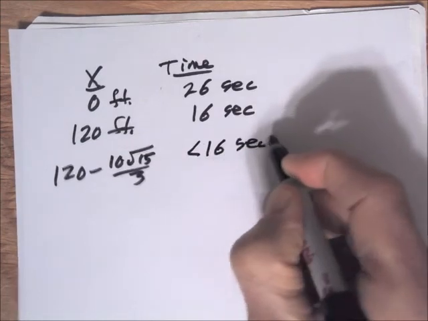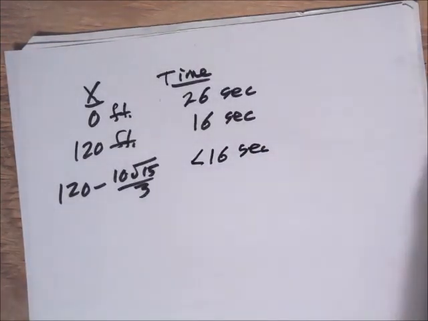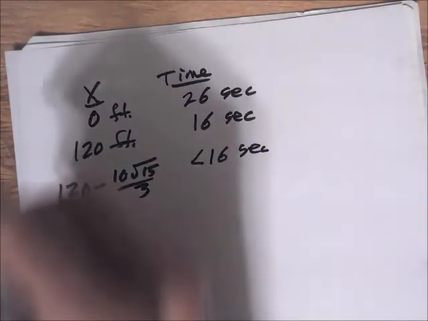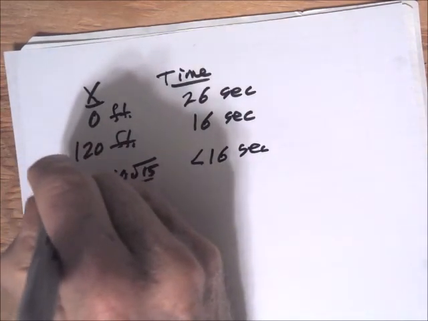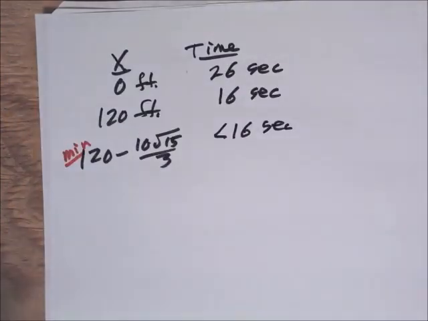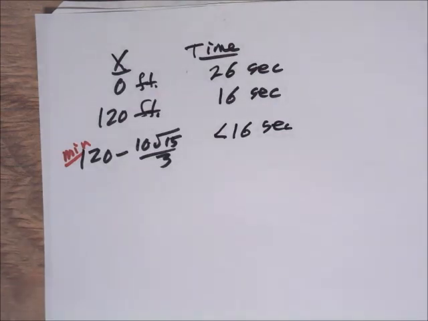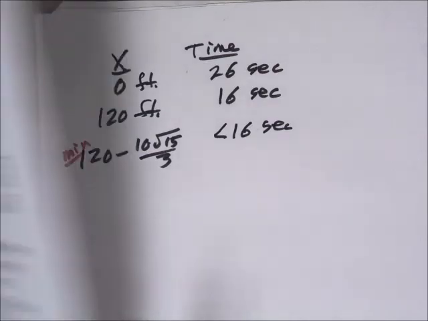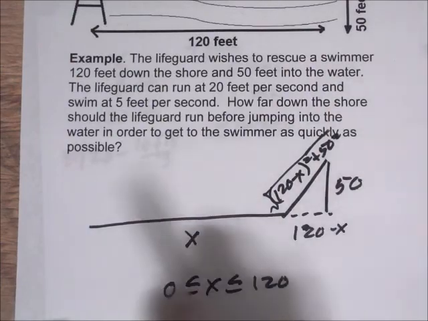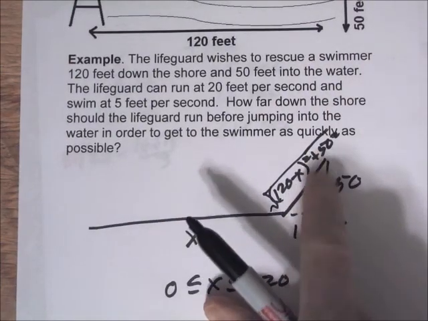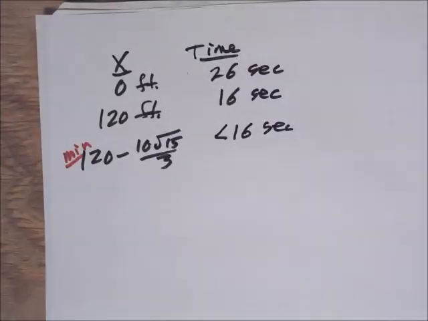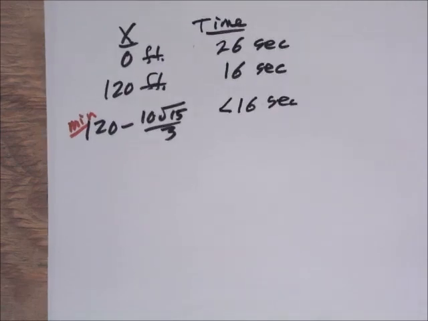Okay, and so this is the minimum time. The minimum time is going to occur when x is 120 minus 10 root 15 over 3. So the minimum time occurs when the lifeguard runs part of the distance along the land before going into the water. And that concludes this presentation.